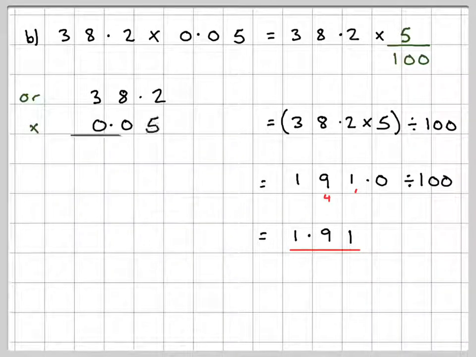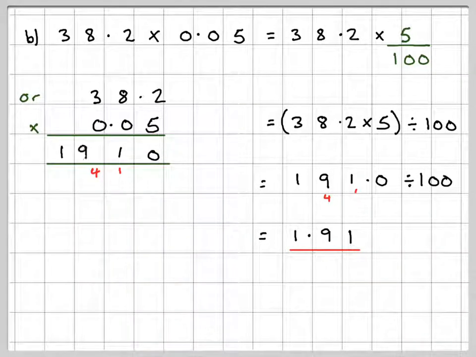Alternatively, you could try 38.2 times 0.05 and ignore the decimal points and these zeros to begin with. And do 2 times 5, which is 0, carry the 1. 5 times 8, which is 40 plus the 1, which is 41, so it's 1, carry the 4. 3 times 5 is 15 plus the 4, which makes 19. And now, there are 3 numbers in the question. This is sort of unusual.